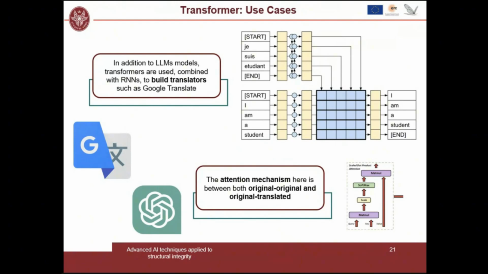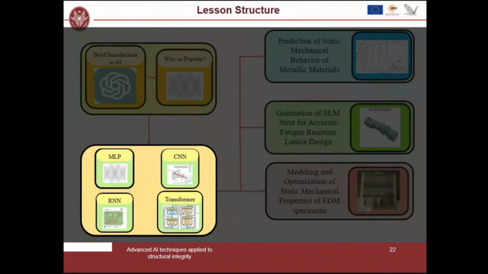So you encode your initial phrase in one language, and after compressing it into a latent space, you decode it into the target language, and you'll have your nice translation. Okay, so that's for the kind of architecture.